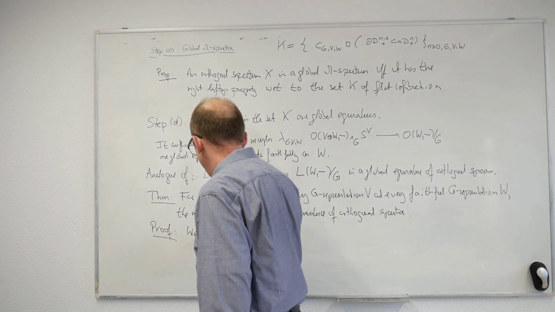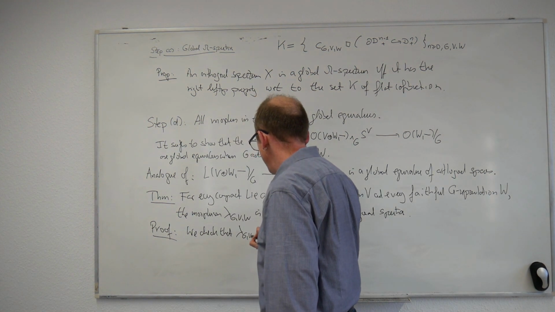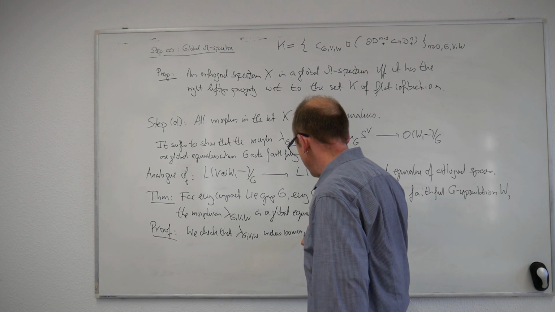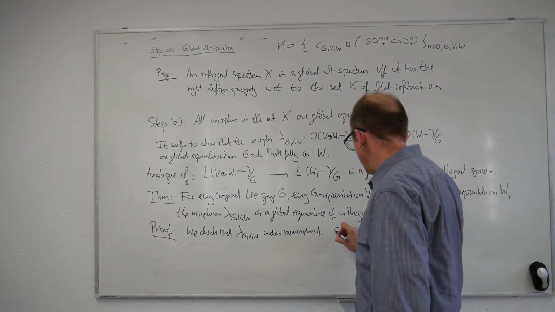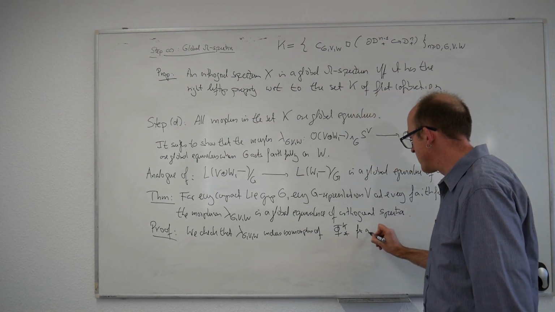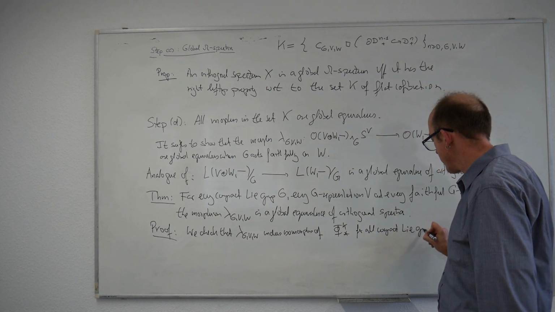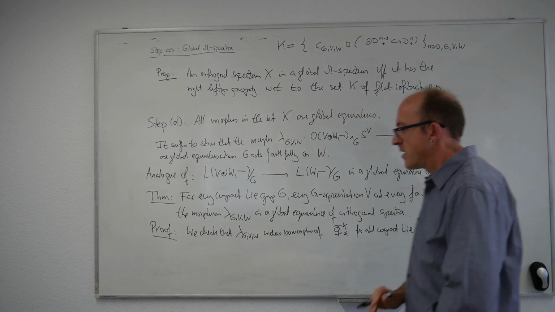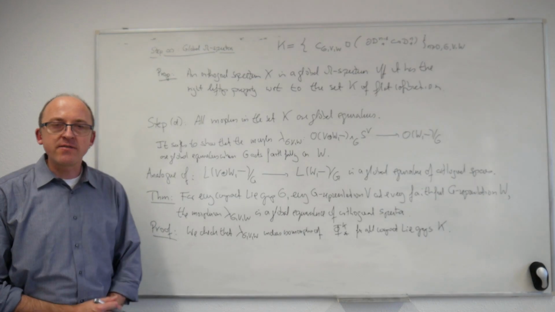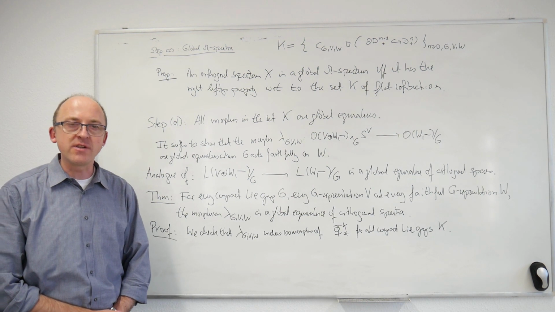So we check that lambda G V W induces isomorphisms on the K geometric fixed point homotopy groups for all compact Lie groups K. And as a few times before, I would like to give you the essential ingredients and the essential ideas of the proof, but I will not completely, to 100%, formalize all the details here.